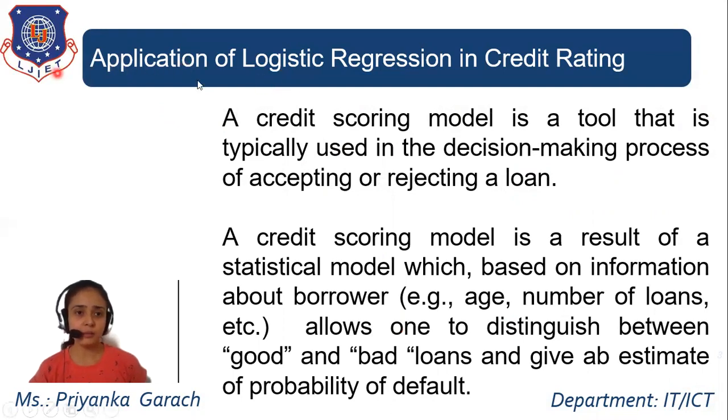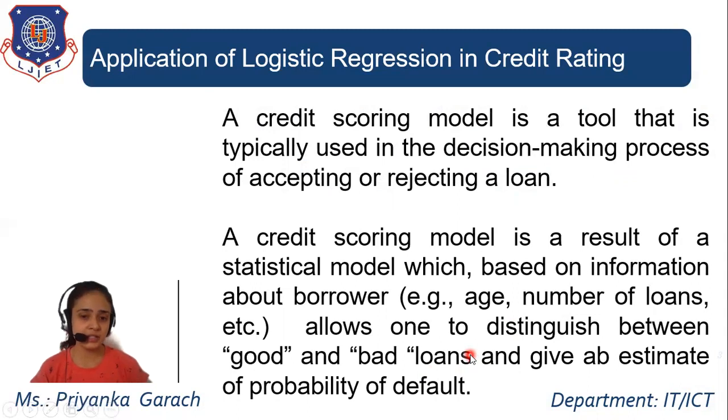So the topic name is the application of logistic regression in credit rating. A credit scoring model is the result of a statistical model which is based on information about the borrower. The information in the data set is like age, number of loans, etc. It allows one to distinguish between good and bad loans.